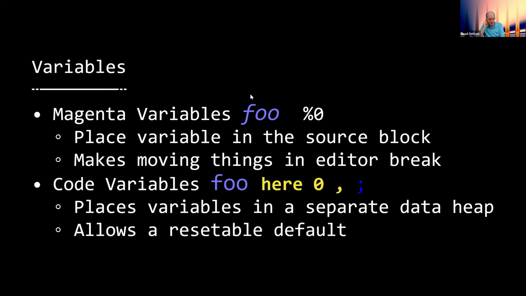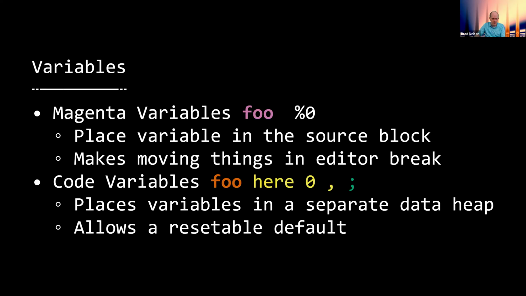That ends up being more convenient because the variable isn't sitting inline in the source block. I'm still tempted by some of the desirable properties of magenta variables in terms of being able to save and load their state directly in the source code, but I found in practice it's very tedious.